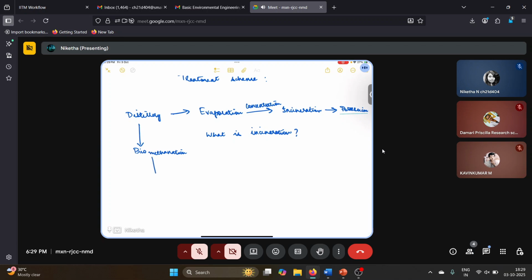After biomethanation, we take it for two-stage aerobic treatment. And whatever waste is remaining after this two-stage treatment, we take it for tertiary treatment.